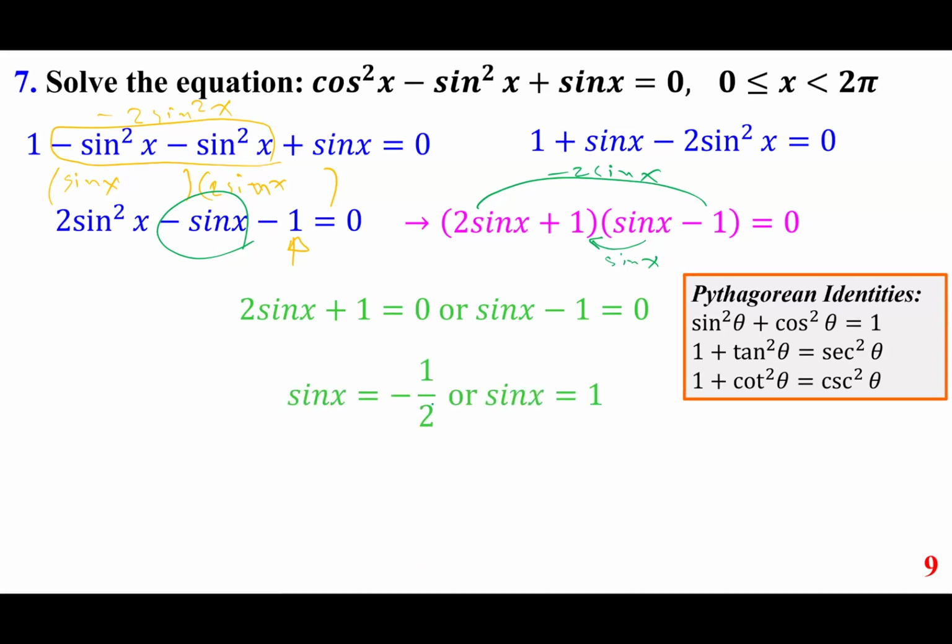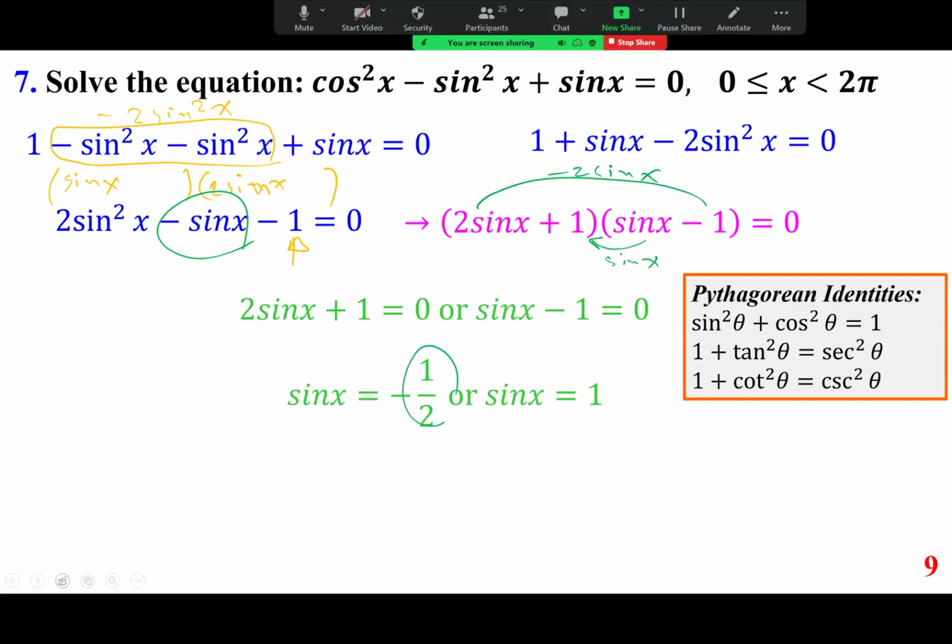Now, first I want to discuss the 1/2. If sine x equals 1/2, the reference arc theta becomes pi over 6. Understand that, okay? But it's negative 1/2, so the reference arc is still pi over 6, but sine is negative in the third quadrant.